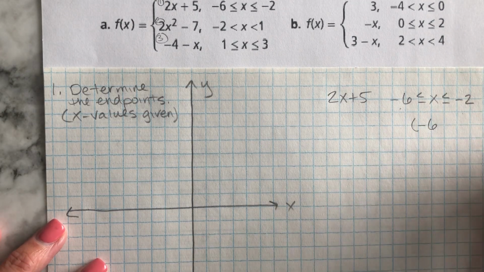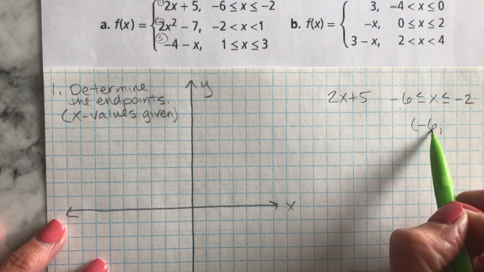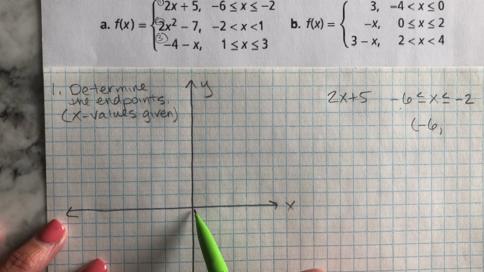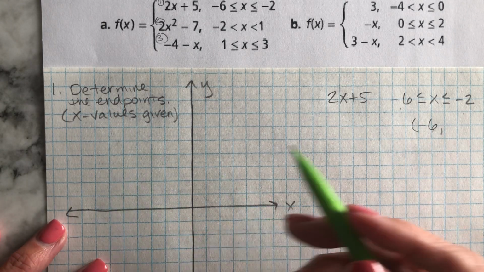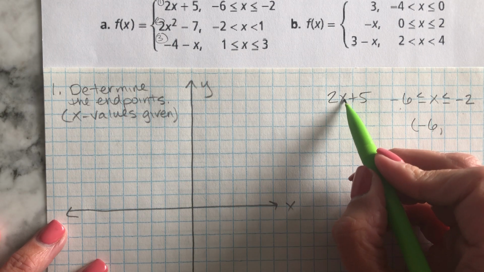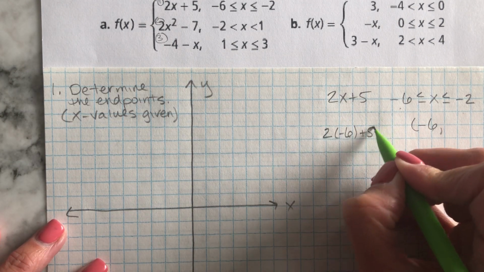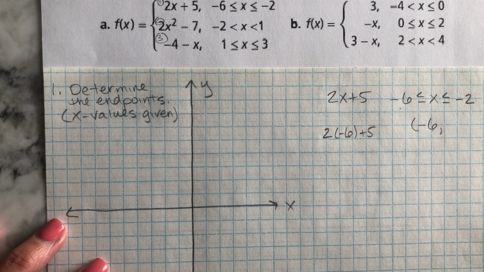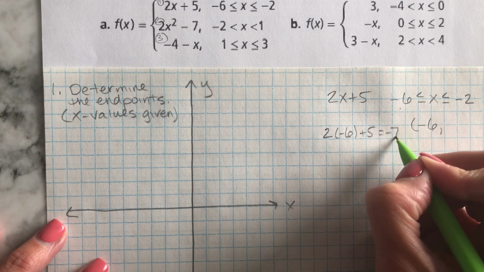Let's start with -6. If x is -6, what is y? What is my endpoint there? I'm going to plug it into the equation: 2 times -6 plus 5. That's -12 plus 5, which is -7.